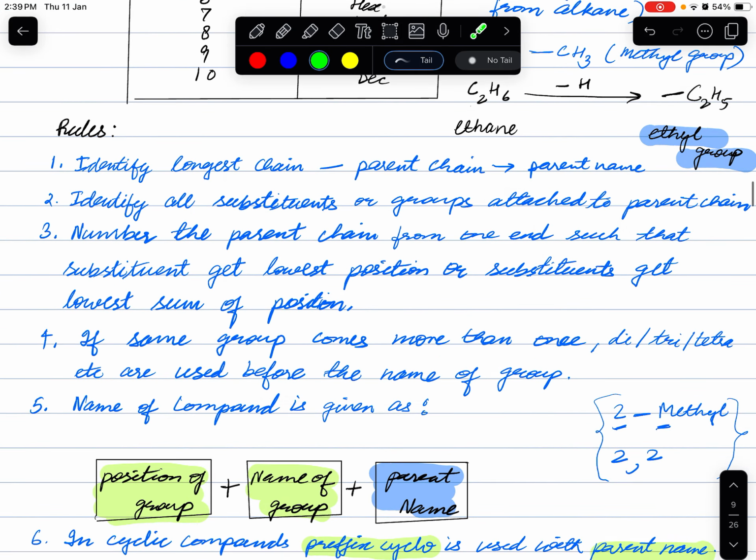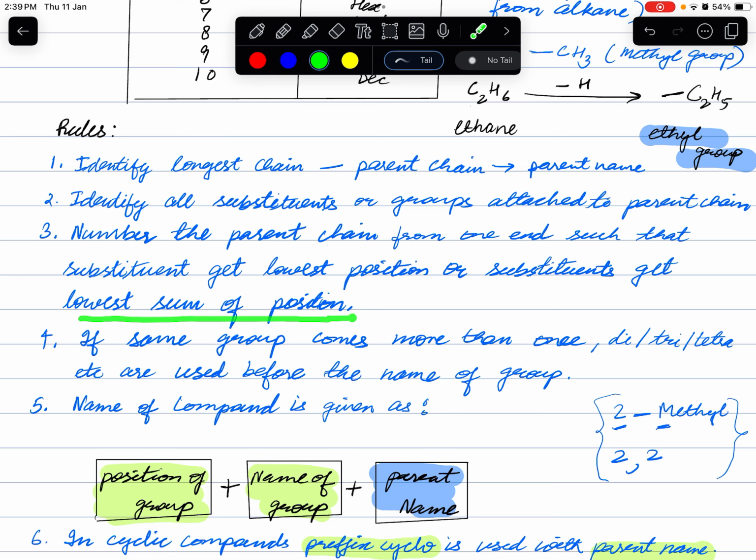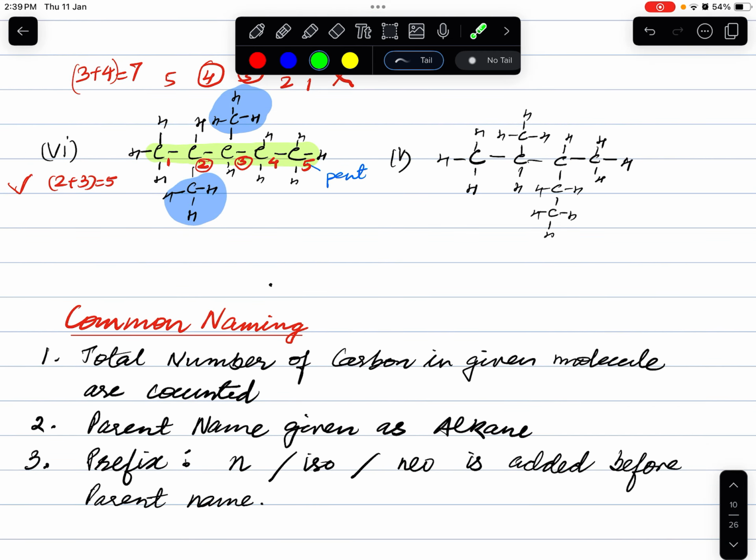Okay, what? Number the chain from one end such that substituent get lowest position if one substituent, or substituents get lowest sum of the position. So we will find out the lowest sum of the position. Therefore, what we have, we are having on second carbon methyl and on the third carbon methyl.